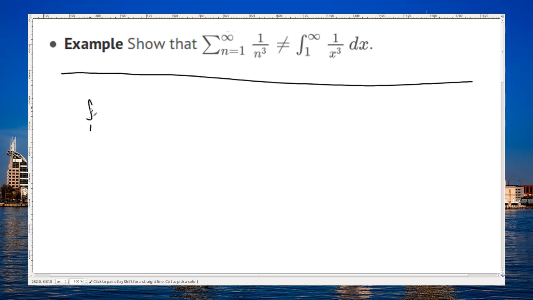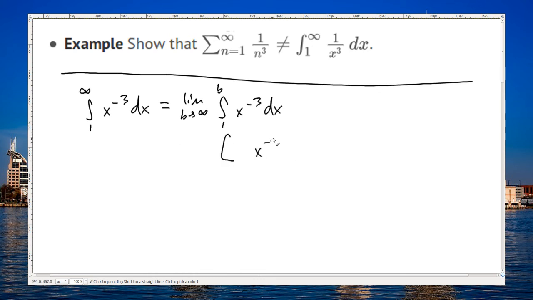The integral from 1 to infinity of x to the negative 3 dx is the limit as b goes to infinity of the integral from 1 to b of x to the negative 3 dx. Increase the power by 1, divide by the new power, and then plug in top minus the bottom.